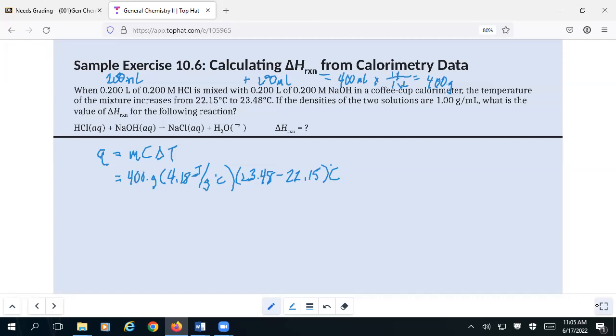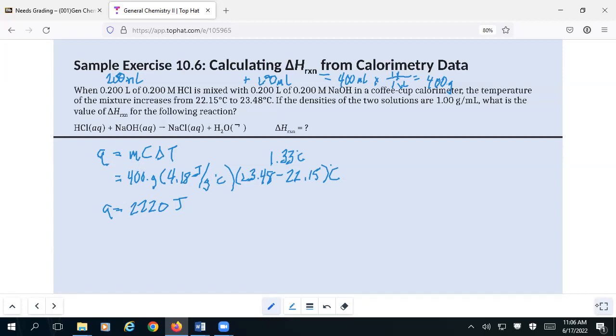So delta T here ends up being 1.33 degrees Celsius. If I multiply that by 400 and that by 4.18 to three significant figures, I get that the heat transferred to the solution was 2,220 joules. So that was the heat transferred into the solution by the chemical reaction.